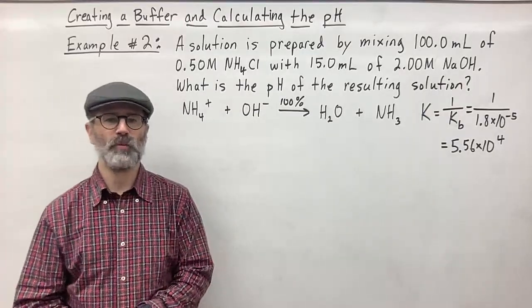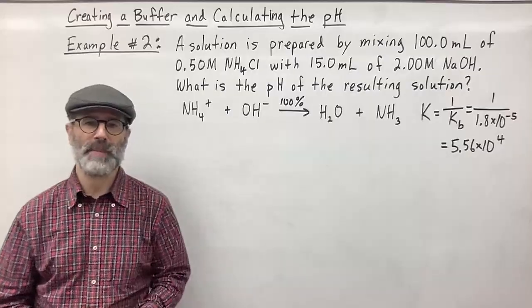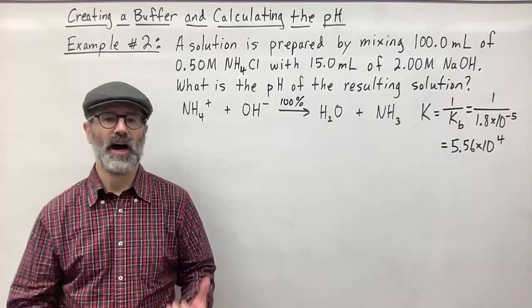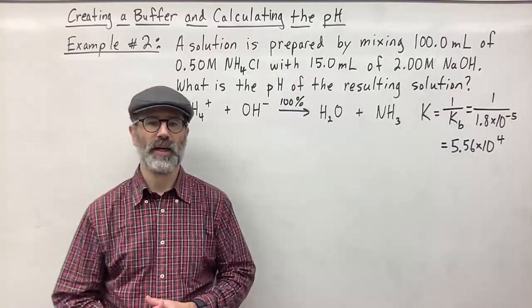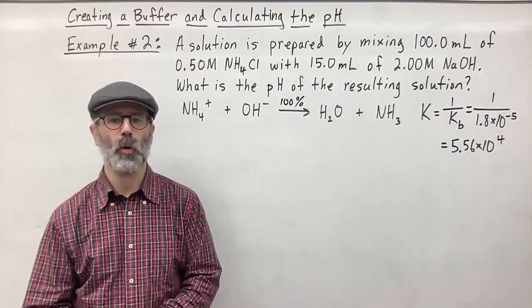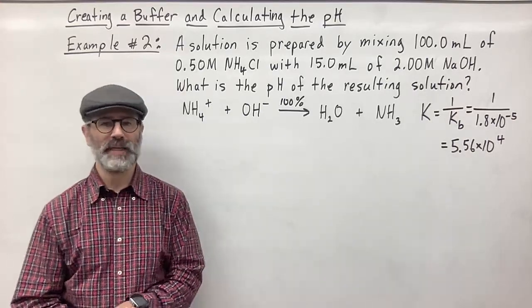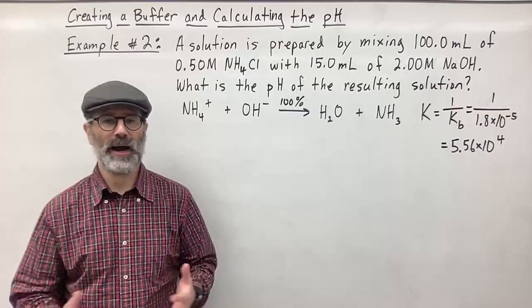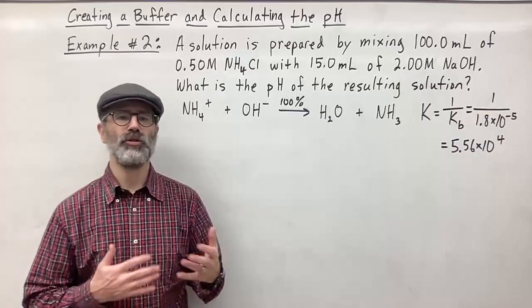In this problem we're told a solution is prepared by mixing 100 milliliters of 0.50 molar ammonium chloride with 15.0 milliliters of 2.00 molar NaOH. What is the pH of the resulting solution? Right away we recognize that this is a two-step problem.